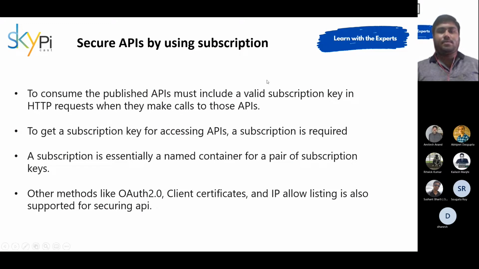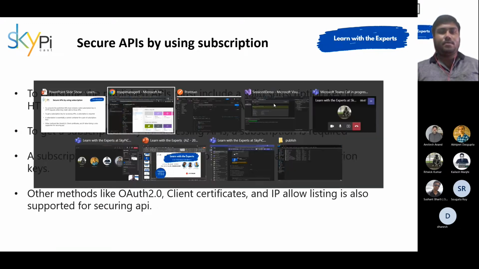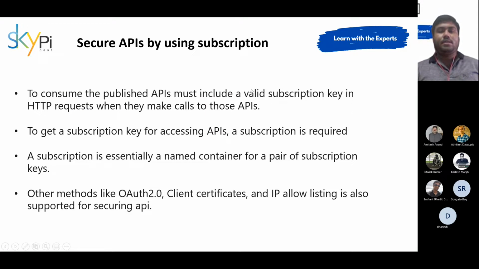So subscription is what we just witnessed. This is the default subscription that the front end API gets when we try to add an API endpoint. To consume the published APIs, callers must include a valid subscription key in the HTTP request when they make calls to those APIs.